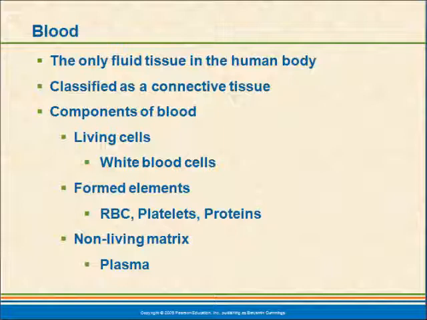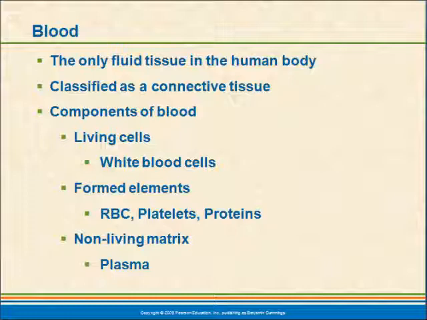The components of blood include some living cells, which are the white blood cells. What we think of as blood cells, the red blood cells, are actually not cells. They are what we consider formed elements. That is, they don't have the nucleus, they don't have anything left to do any kind of repair. They are largely sacks of chemicals.